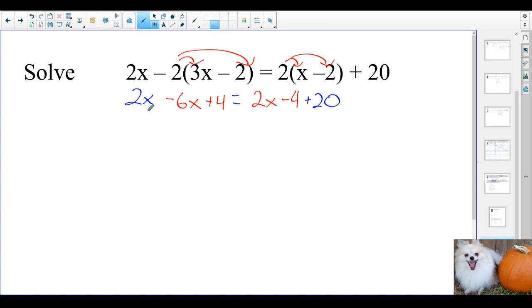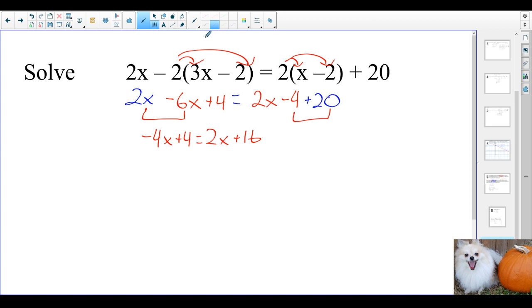Then we just gather up like terms. So 2x minus 6x is negative 4x plus 4 equals, I only have one x over here, but I have two constants, so I can put those together. So 2x, negative 4 plus 20 plus 16. Now I just got to put everything together.